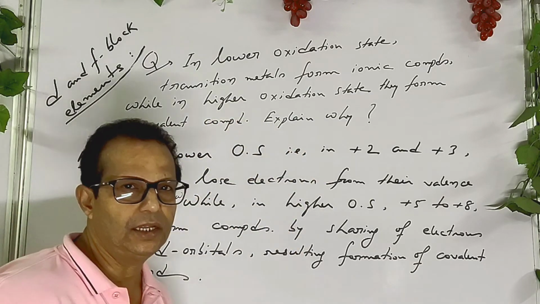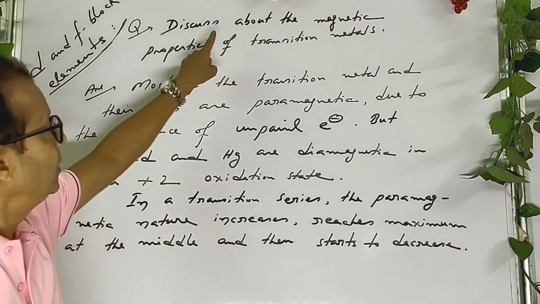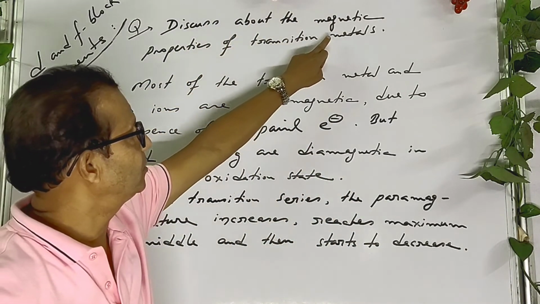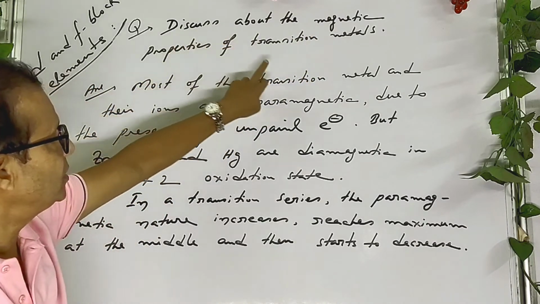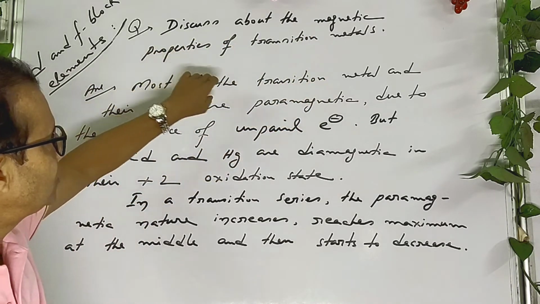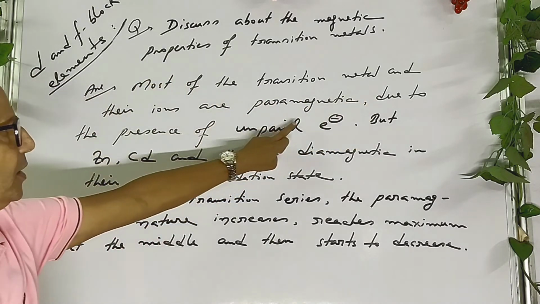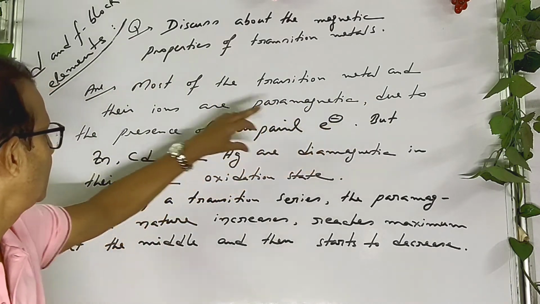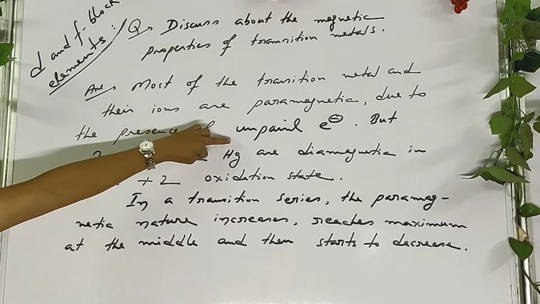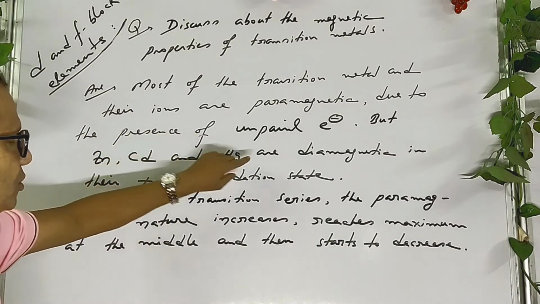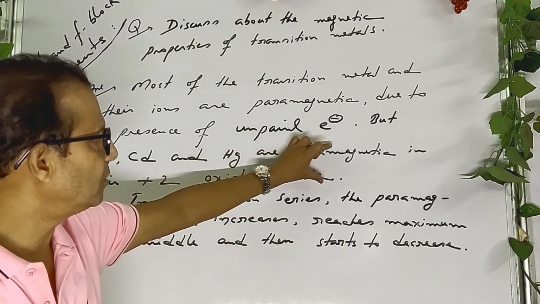Now let's understand the next question. Discuss the magnetic properties of transition metals. Okay, most of the transition metals and their ions are paramagnetic due to the presence of unpaired electrons, but zinc, cadmium and mercury are diamagnetic in their +2 oxidation state, as all the electrons are paired.